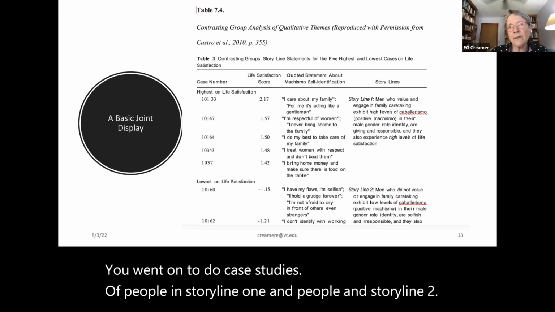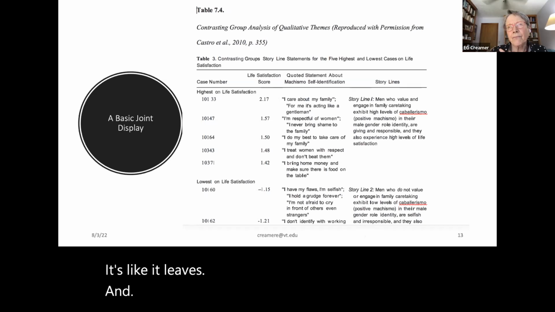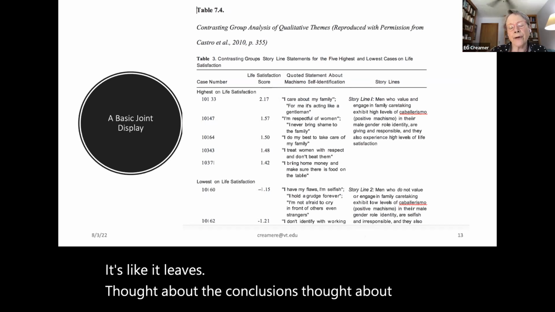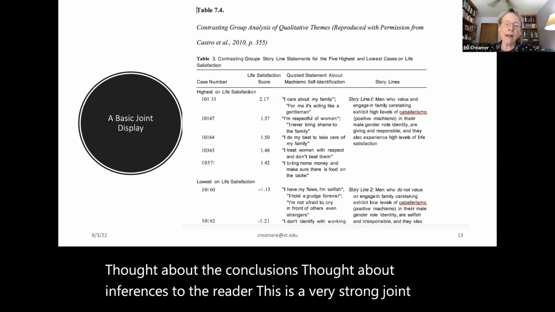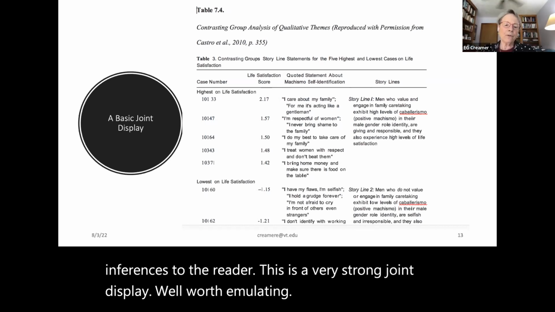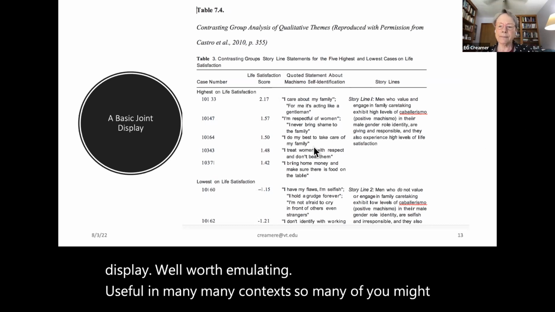It leaves thought about the conclusions, thought about inferences to the reader. This is a very strong joint display, well worth emulating, useful in many contexts. So many of you might find this helpful.